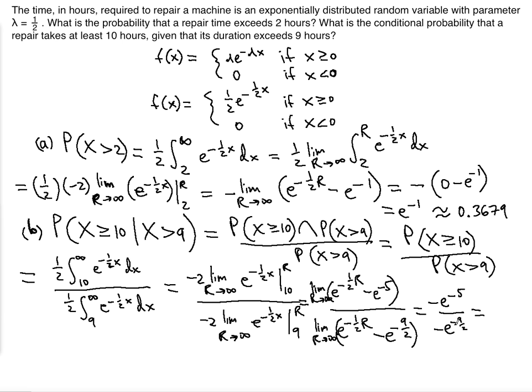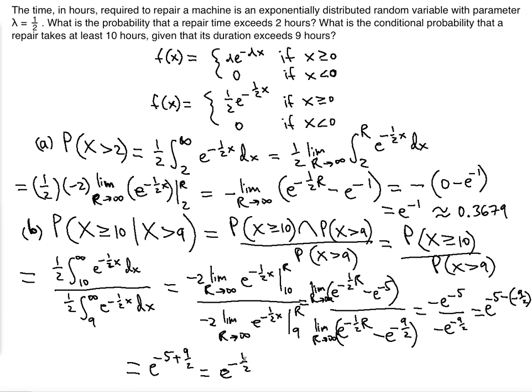So this will be positive, so we will have e to the negative 5 minus negative 9 over 2, which gives you e to the negative 5 plus 9 over 2. That gives you negative 10 over 2 plus 9 over 2, so that's e to the negative 1/2, and that's still positive.